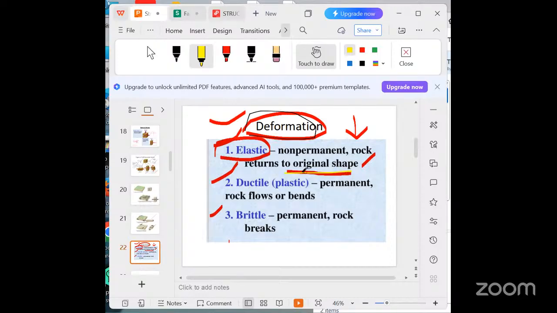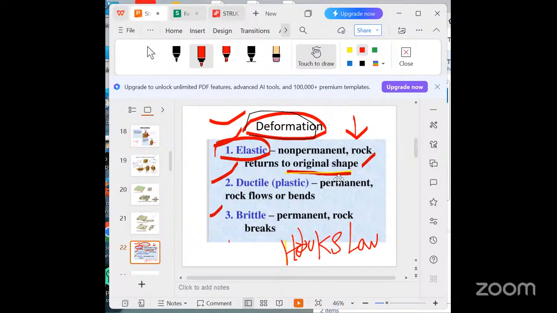Below this elastic limit, the deformation obeys Hooke's law, which states that strain is proportional to stress, right?